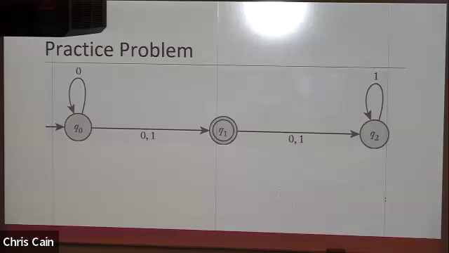Yeah, because that's Q1 and the 1, 0. All right. That's right there.